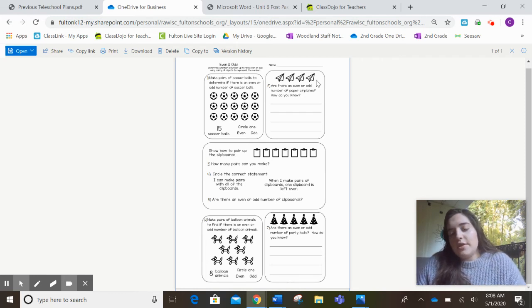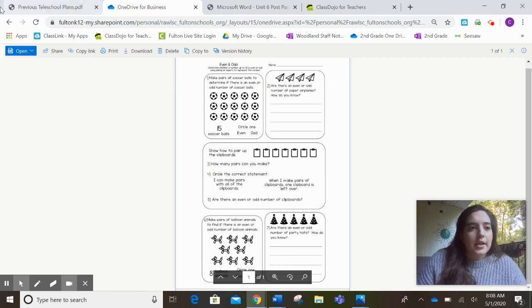Now, just going over that one, don't just write it's odd because it's 4 or it's even because it's 4. What makes that number even or odd? How could we prove it? Think about the pairing or the doubles facts examples that Miss Schauder has done with you guys. Don't just say because the number's odd or even. How is that number odd or even?